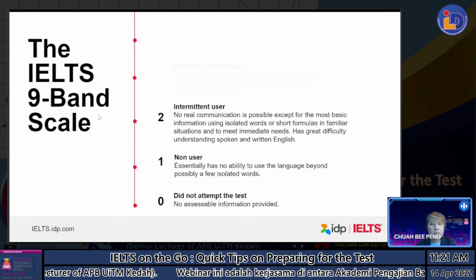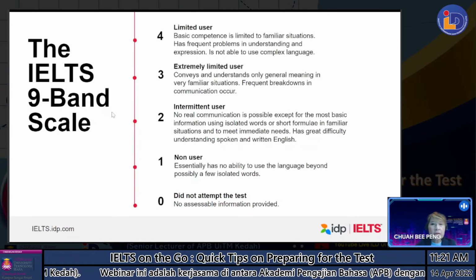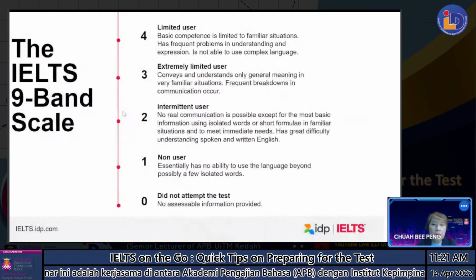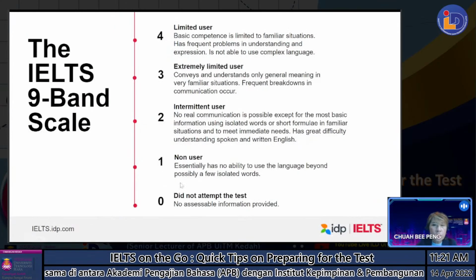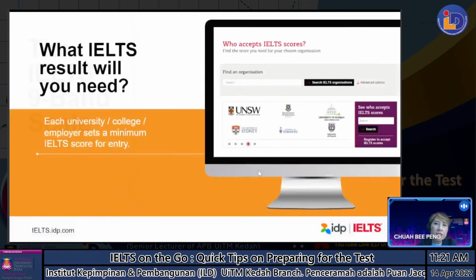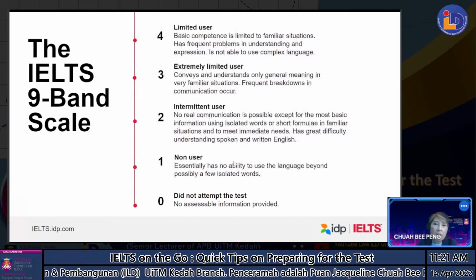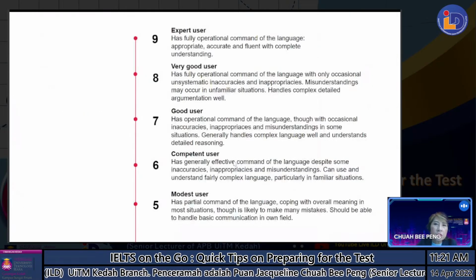All right. So the IELTS band scale is a 9-band scale, starting from 0. I hope no one will get the 0. 0 is actually if you don't turn up for the test. But for Malaysian language users, I think the average will be 5.5 and above.